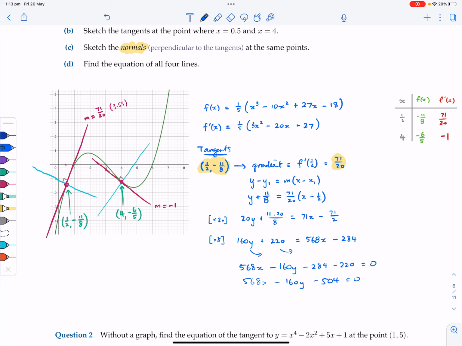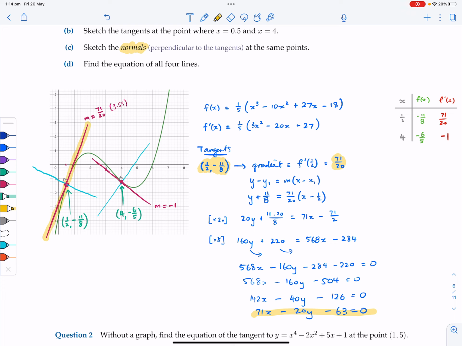I think I can divide by 4. 568 divided by 4 is 142x, and then 160 divided by 4 is 40, and then 504 divided by 4 is 126. We can divide even further. So that's 71x minus 20y minus 63 equals 0.